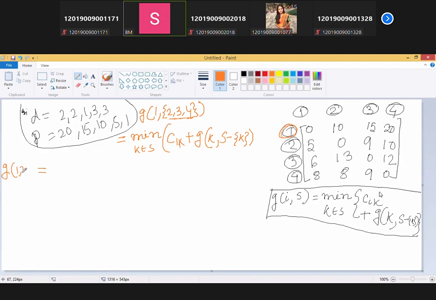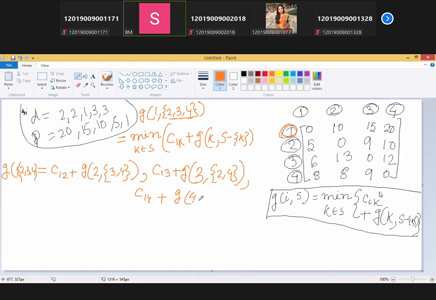then G of 1, {2, 3, 4} equals, it will be C12 plus G of 2, then in the bracket S minus K, meaning 2 will not be there, so {3, 4}, comma, C13 plus G of 3, {2, 4}, comma, C14 plus G of 4, {2, 3}.